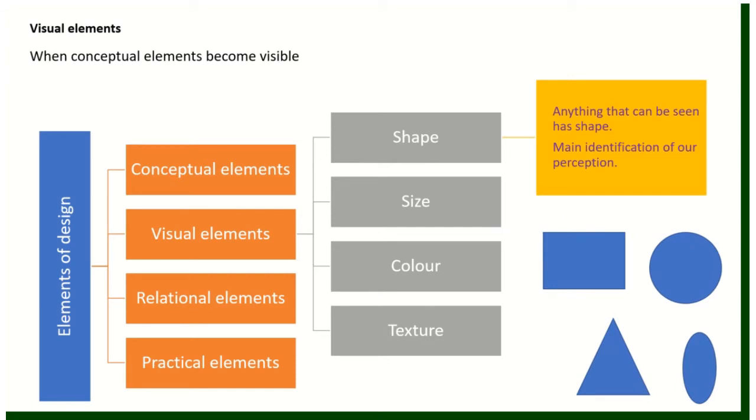We can say it is a rectangle, it is a circle, it is a triangle, it is an ellipse. So we see and determine the shape, and we can perceive the shape or the contour of an object. So this is what the visual element represents.